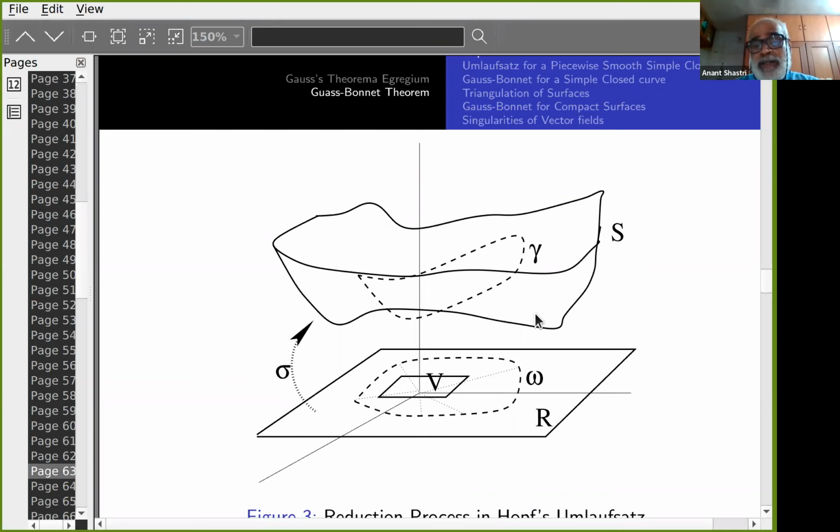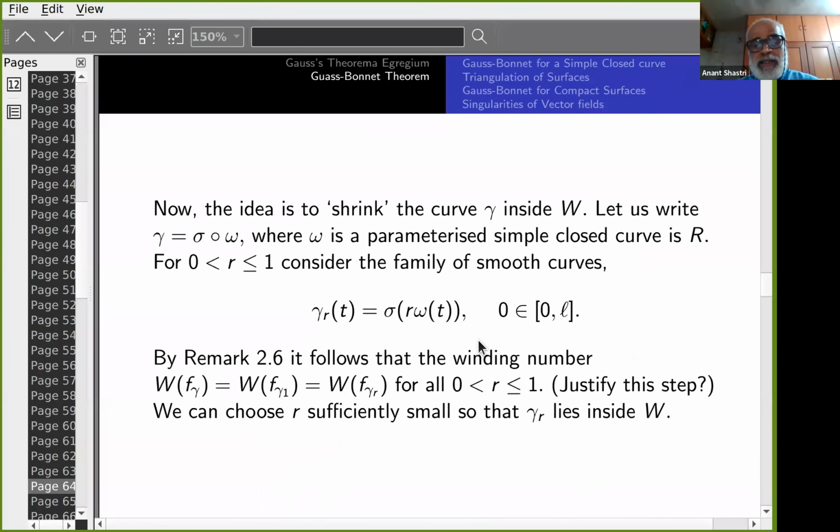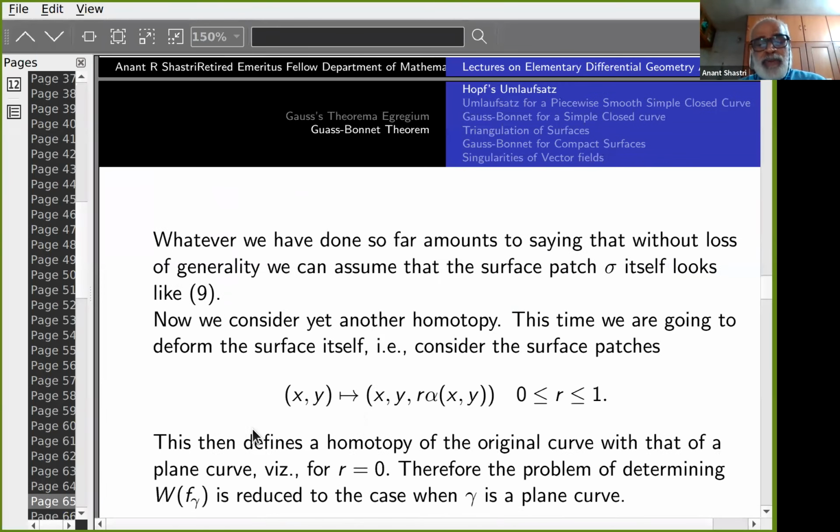Right? Whatever curve is there, it will be some curve. It is not a xt comma yt. That is the meaning of the curve. Okay. So let us do that. So this is what I am doing. xy going to x comma y comma r times alpha xy. Okay.